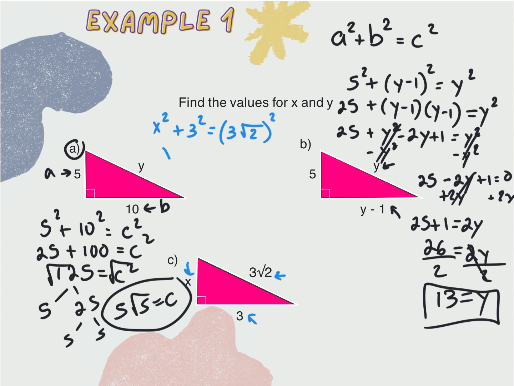This simplifies to x squared plus 9 is equal to 9 times 2, so x squared plus 9 equals 18. I'm going to subtract the 9, and I get x squared is equal to 9. I take the square root, and I get that x is equal to 3.